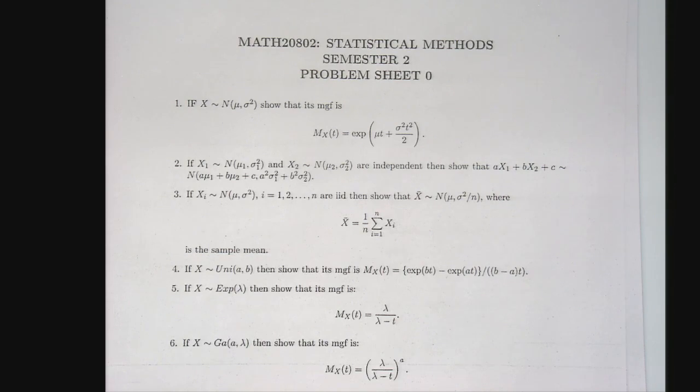Each of these is the MGF of x1 at t by n, up to the MGF of xn at t by n. They are all the same because x1 to xn are IID variables. So this is the MGF of x1 at t by n raised to the power n, because all of these terms are the same. x1 to xn are IID normal variables.